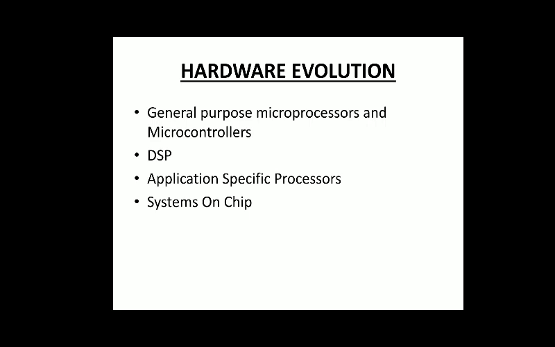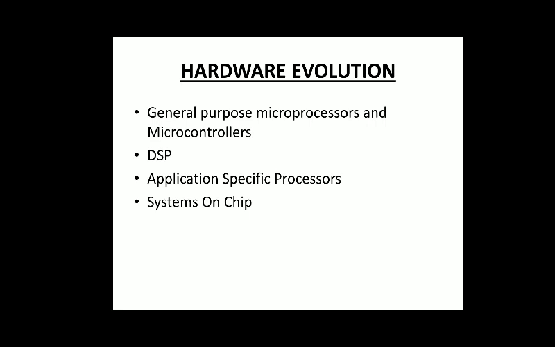According to Moore, the number of transistors integrated would double in 1.5 or 2 years. Every 2 years the amount of transistors we have on a single chip will double.